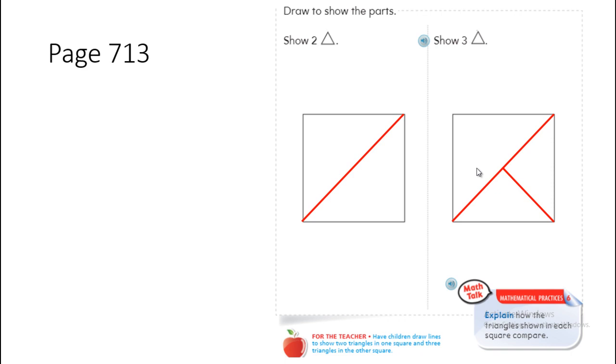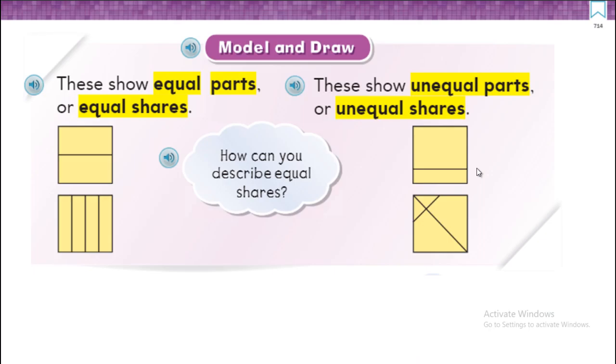Now open the next page. These show equal parts or equal shares. A square divided into equal rectangles, 2 equal rectangles or 4 equal rectangles. But here these show unequal parts or unequal shares. A very small rectangle and another bigger rectangle.